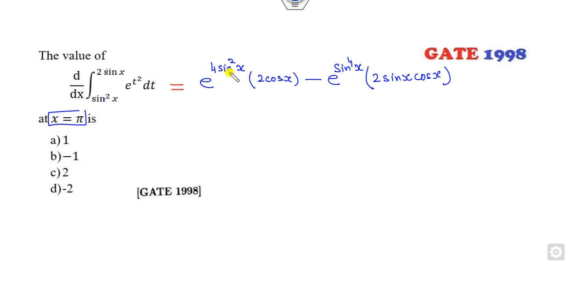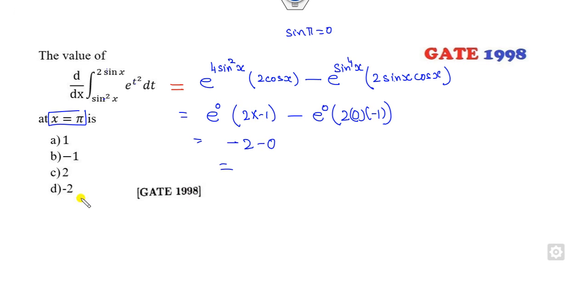Now you can find at pi. So sine square pi is 0, because what is the value of sine pi, it is 0. Cos is -1. Sine pi is 0. 2 sine of pi is 0. Cos of pi is -1. So this value is completely 0. It's minus of 2, which is the right answer of this problem.